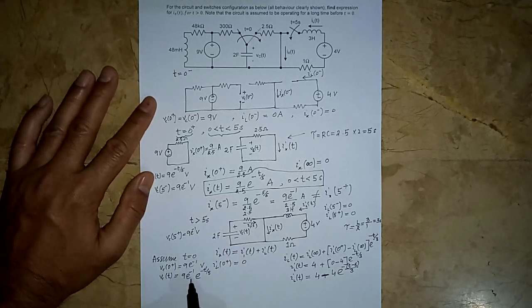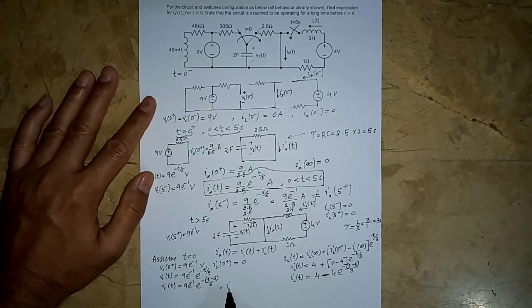And the expression for I1(t): okay, so this is the expression for VC(t), but the real expression for VC(t), the actual one, not the assumed switching one, would be 9 e raised to the power minus 1 e raised to the power minus (t minus 5) over 5.